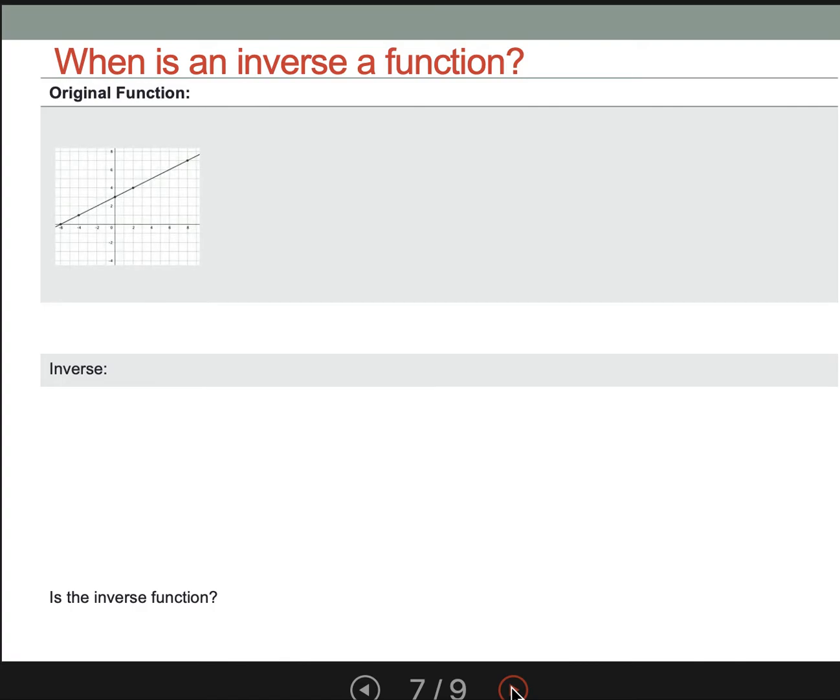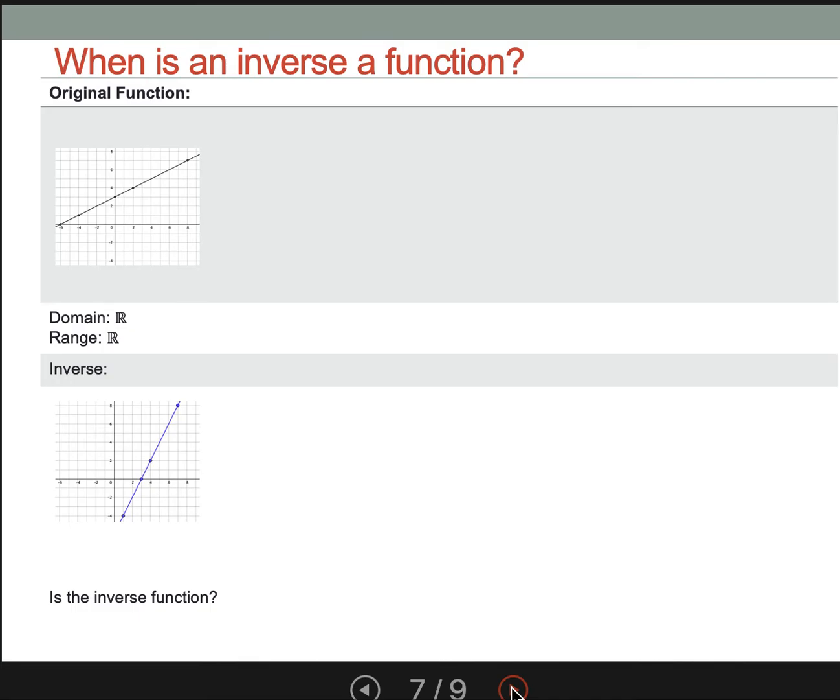This is the first example that we did, a line with a slope of 1/2 and a y-intercept of 3, y equals 1/2 x plus 3. Its domain is all real numbers, and range is all real numbers. This was its inverse. It had a slope of 2 and a y-intercept of -6. Its equation was y equals 2x minus 6.